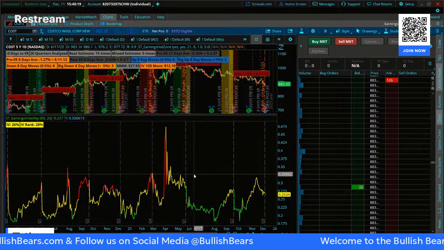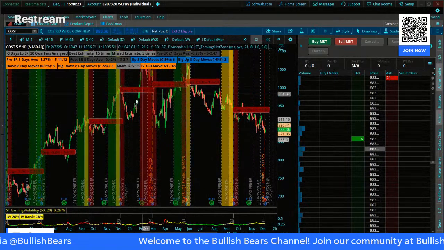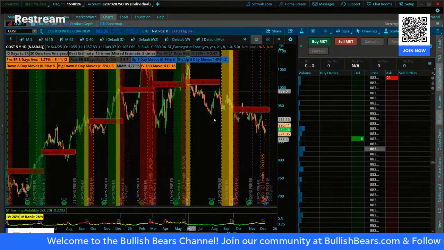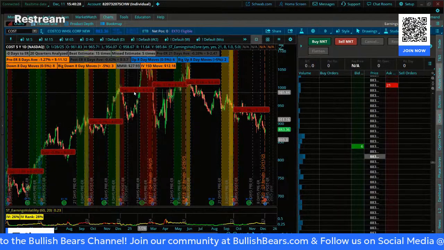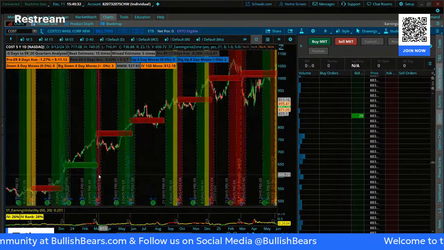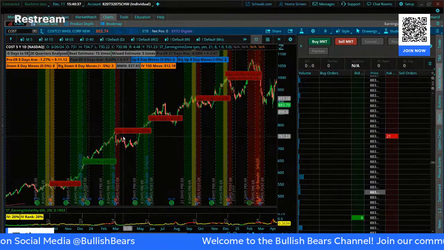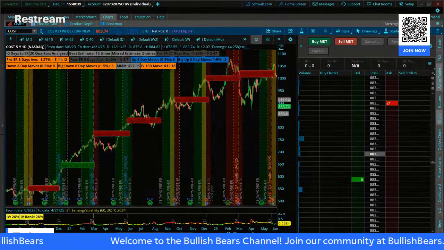Big gaps down on its earnings. Look at all these red tags. Big gaps down. 3%, 1%. I guess 1 isn't very much. Here's another 3% move. That's a gut punch. 3% to the downside.